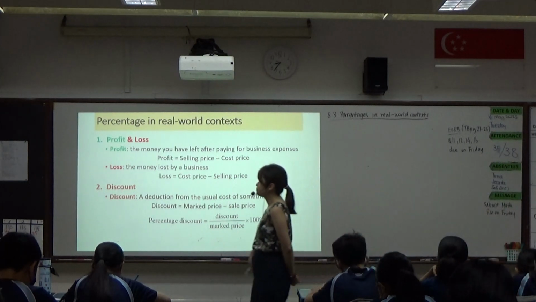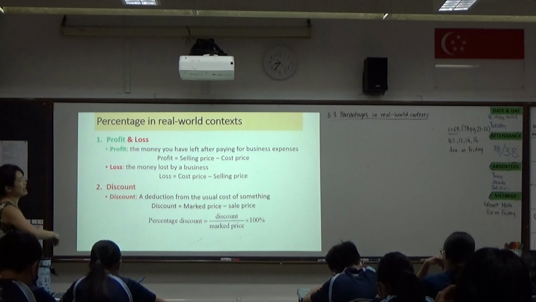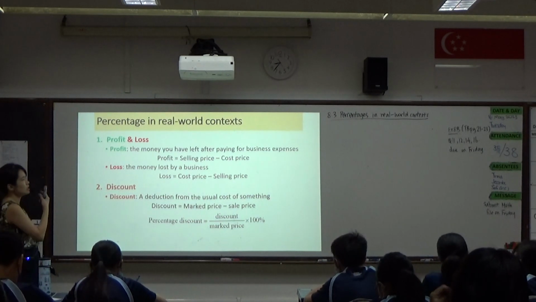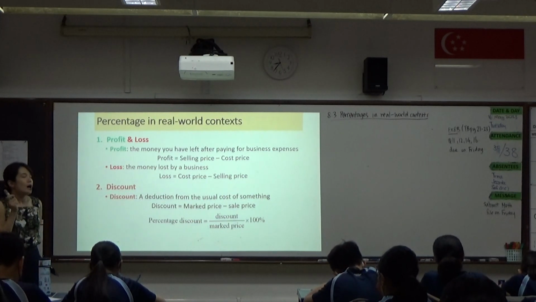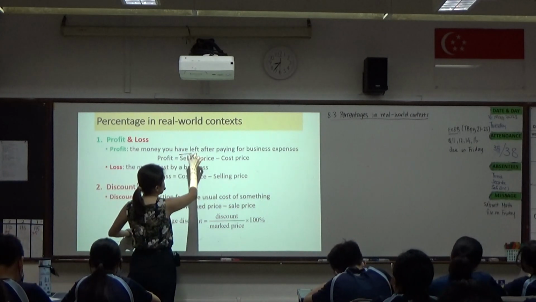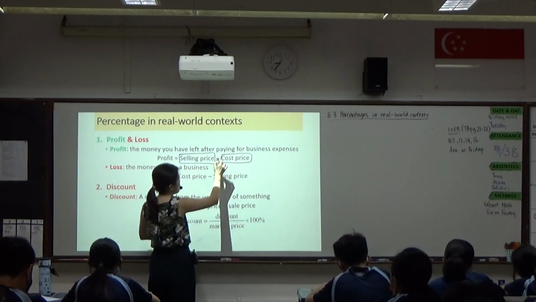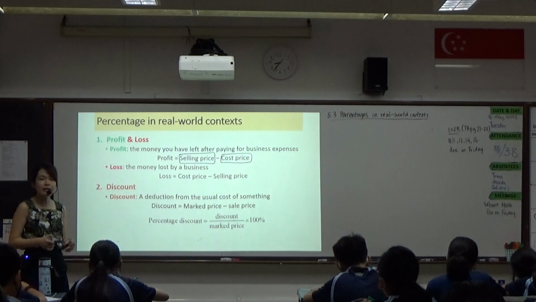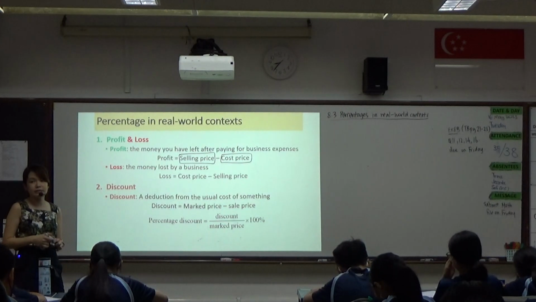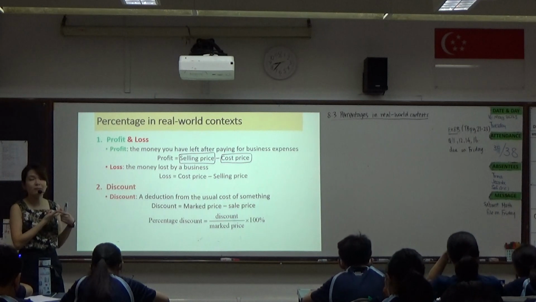Alright, so profit and loss, you need to understand what it means. You will not be tested on definition of course. It's really just for your notes. Other important words that you need to recognize are selling price and cost price. So what exactly is selling price and what exactly is cost price? Selling price is, for example, the price that you see on the price label when you buy something.